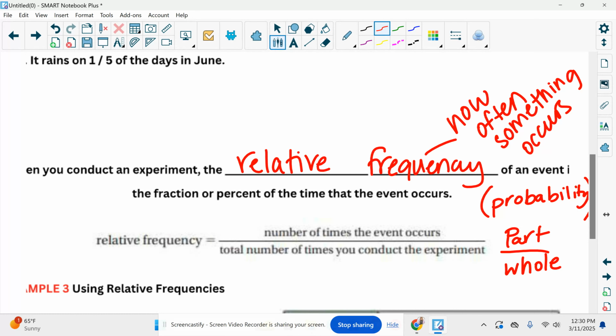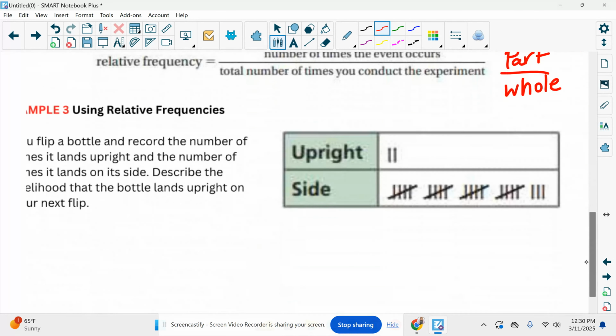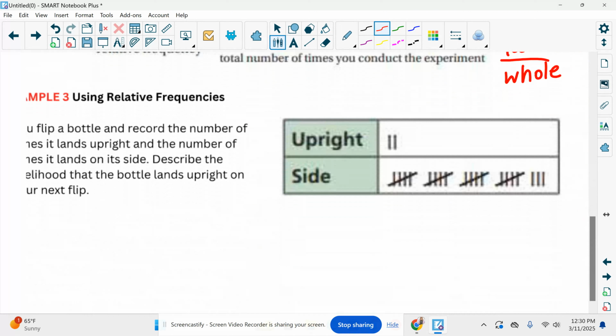And we see this played out in example 3, where they're talking about the bottle flip. You know, y'all tried the whole bottle flip experiment trying to make it land upright. So here we have a bottle flip, and they flipped it and recorded whether it landed upright or on its side. And they want us to describe the likelihood that the bottle will land upright on the next flip.